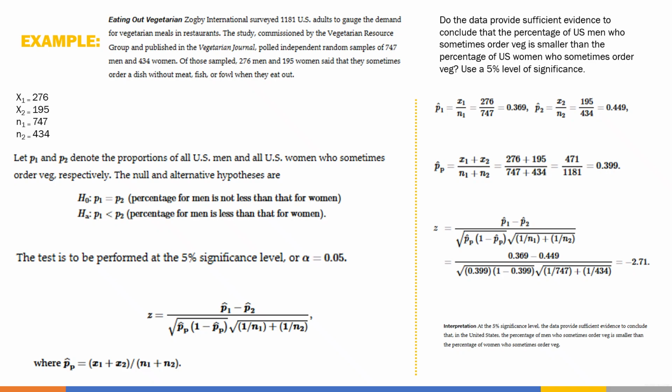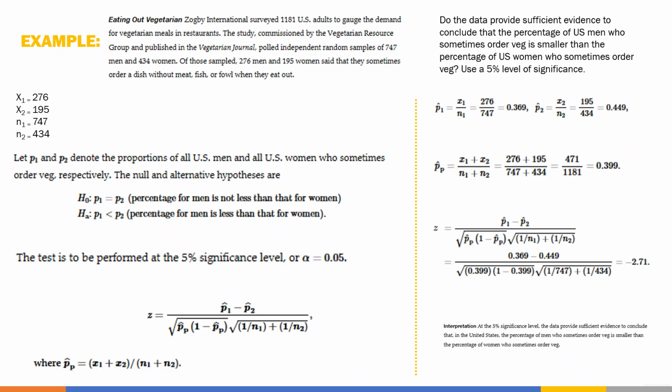This company surveyed 1,181 US adults to gauge the demand for vegetarian meals in restaurants. The study was commissioned by the Vegetarian Resource Group and published in the Vegetarian Journal, I don't know if that's real. It polled independent random samples of 747 men, so n1 is 747, and 434 women, so n2 is equal to 434.